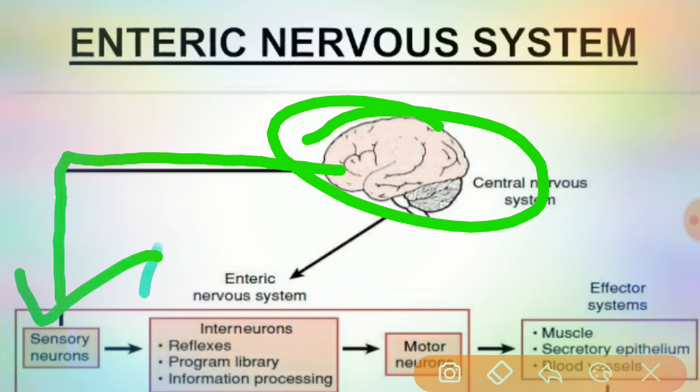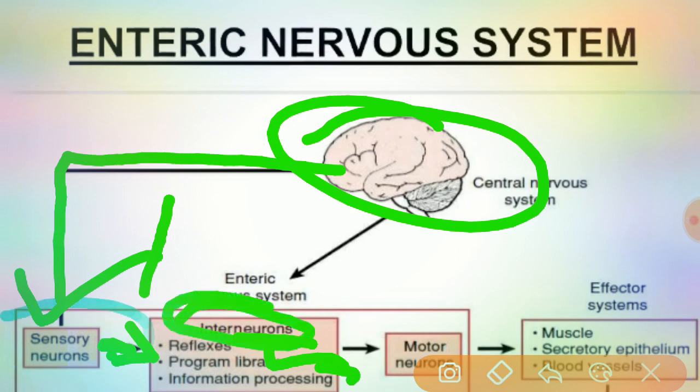The sensory neurons are correlated with the interneurons.